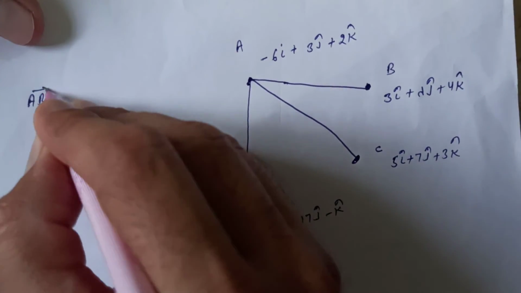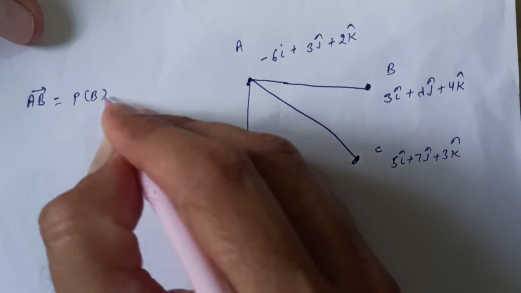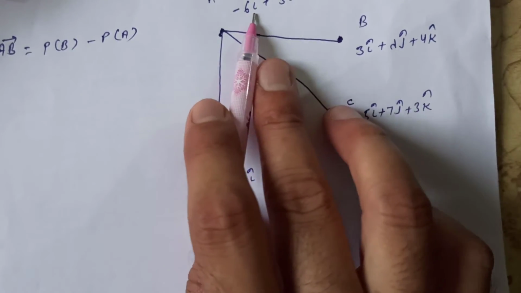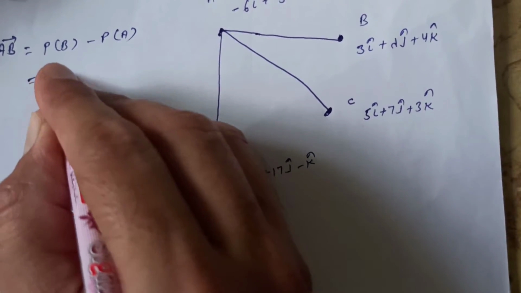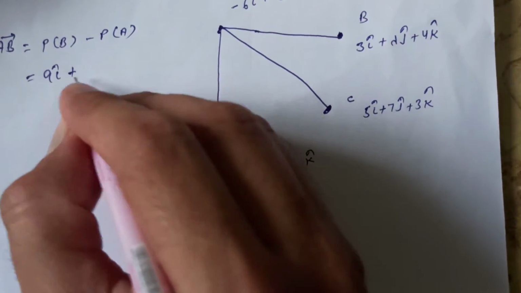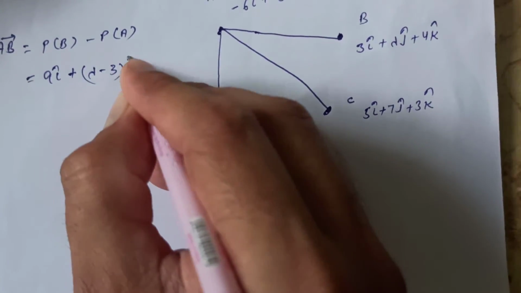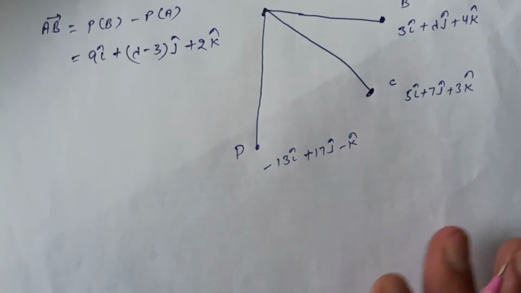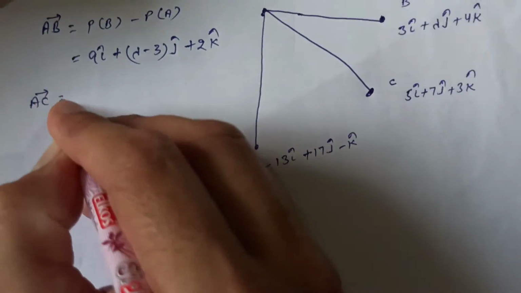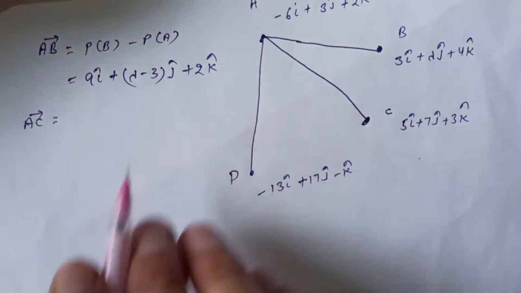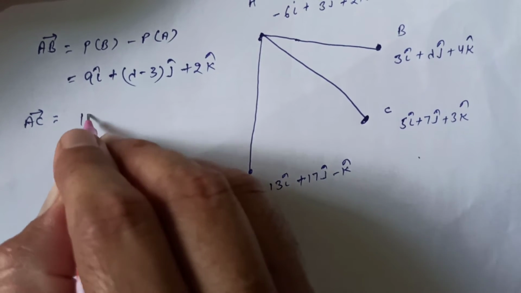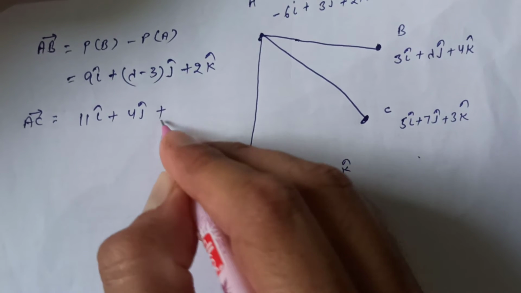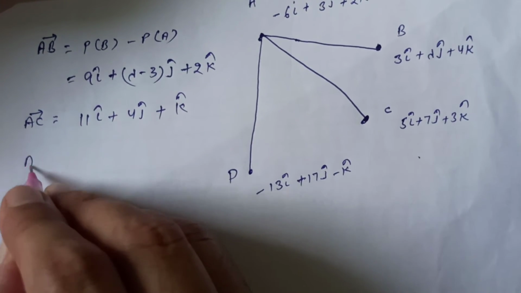Vector AB will be position vector of B minus position vector of A. So vector AB will be 3i minus minus 6i, that is 9i cap, lambda minus 3 j cap, 4 minus 2, that is 2k cap. Similarly, AC will be position vector of C minus position vector of A: 5 minus minus 6, 11i cap, 7 minus 3, 4j cap, 3 minus 2, that is k cap.